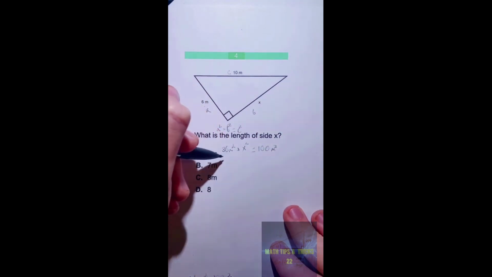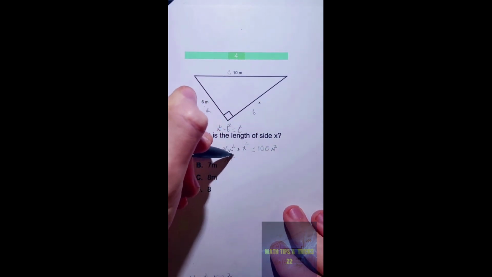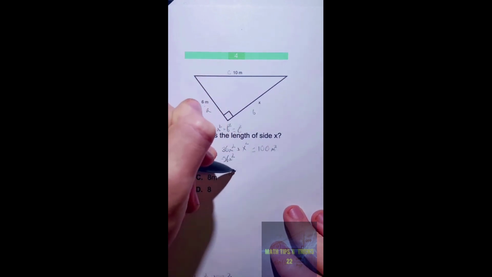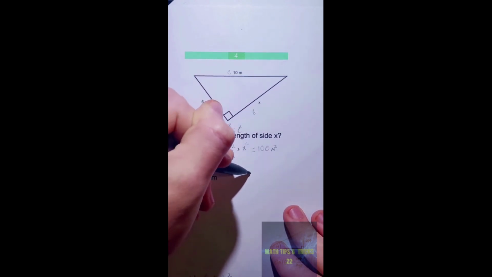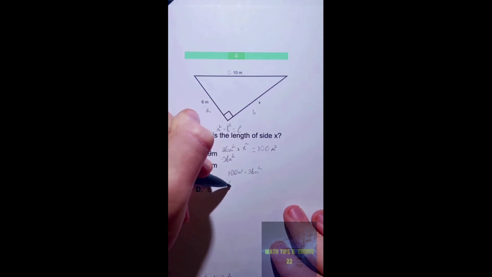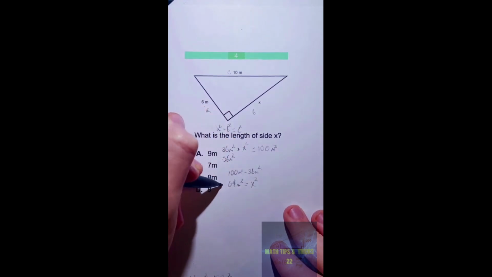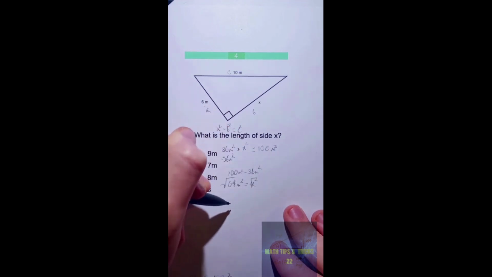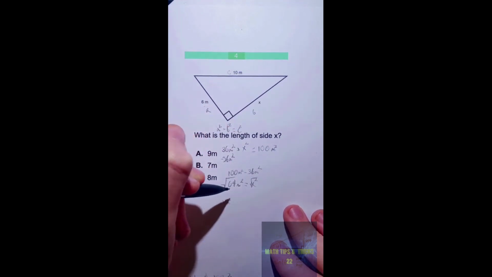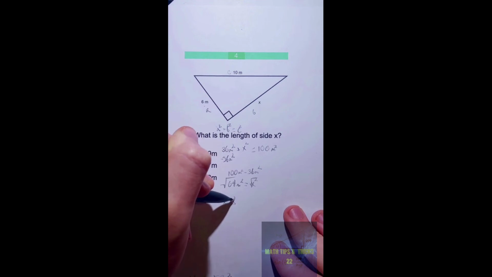All right, so to get x, we subtract 36m squared from each side. We get 100m squared minus 36m squared, which is 64m squared, is equal to x squared. Take the square root of each side to find x. We get x is equal to the square root of 64m squared, and the square root of that is just 8m. So we can choose C.